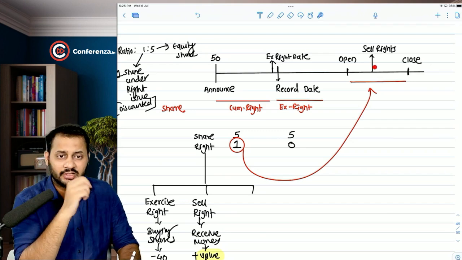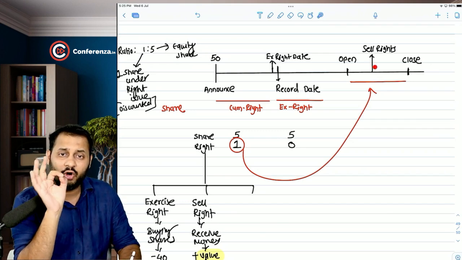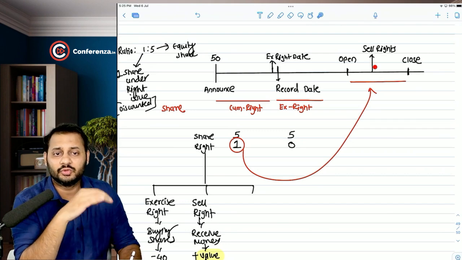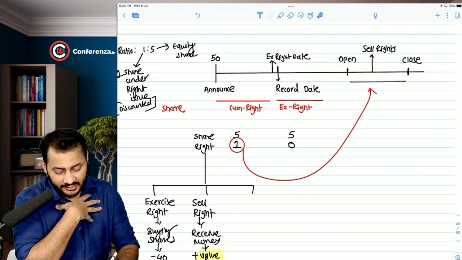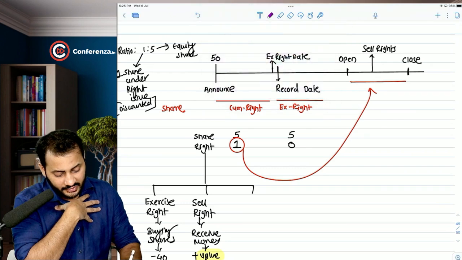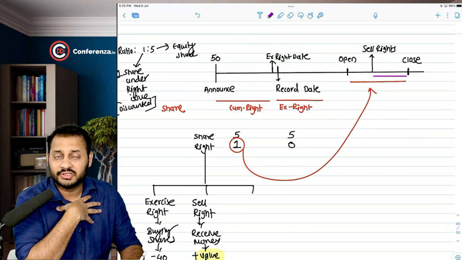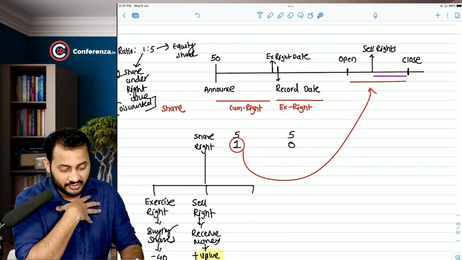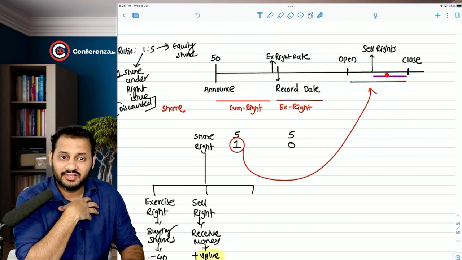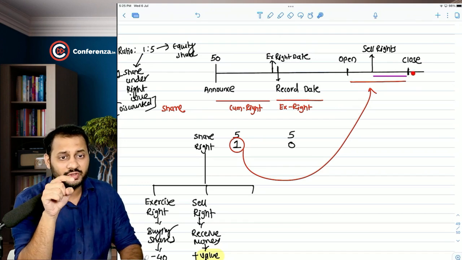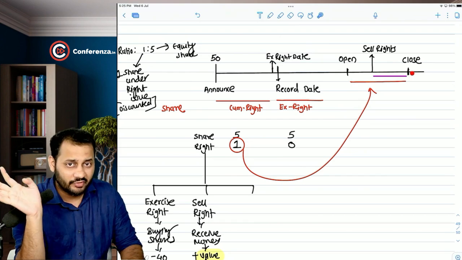This is going to be the date before which you will have to sell all your rights to someone else, so that the other person like me can get this much of the time. Please understand, this much of the time to buy the shares at discounted price, because I should also get the time to buy the shares at discounted price, because the closing date is same for everyone.